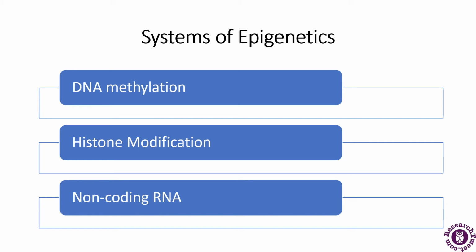Abundant and functionally important types of non-coding RNAs include transfer RNA, ribosomal RNA, as well as small RNAs such as microRNAs, siRNAs, piRNAs. So these are some of the non-coding RNAs. This was about non-coding RNA.